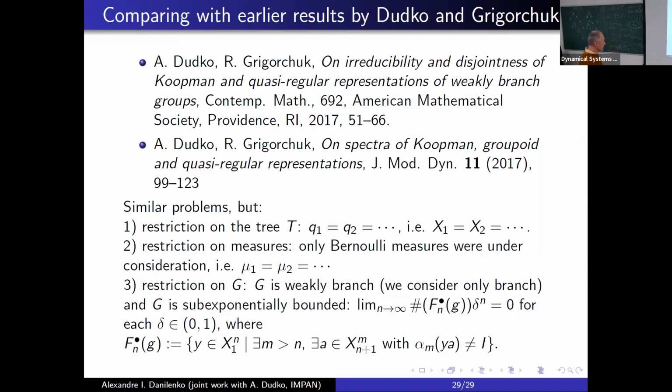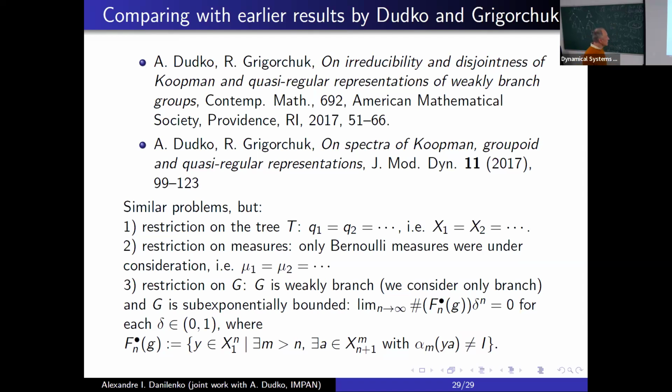But unfortunately, there was a gap in the proof, because this condition was supposed to give ergodicity. This sub-exponential boundedness was not enough to imply ergodicity. So that's why we decided to fill the gap.